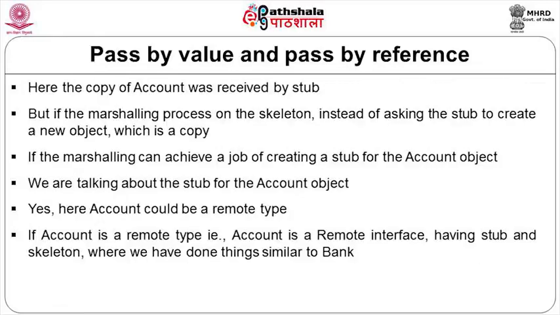But just imagine that the marshalling process, instead of creating a new copy, can achieve the job of creating a stub for the account object. Oh, a stub for the account object? Yes. Here, account could be the remote type.